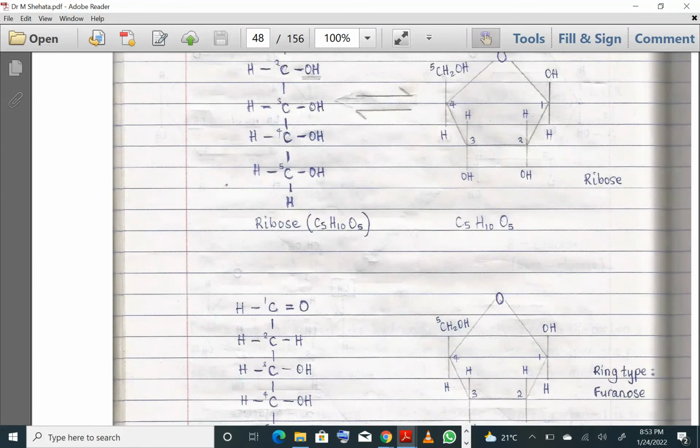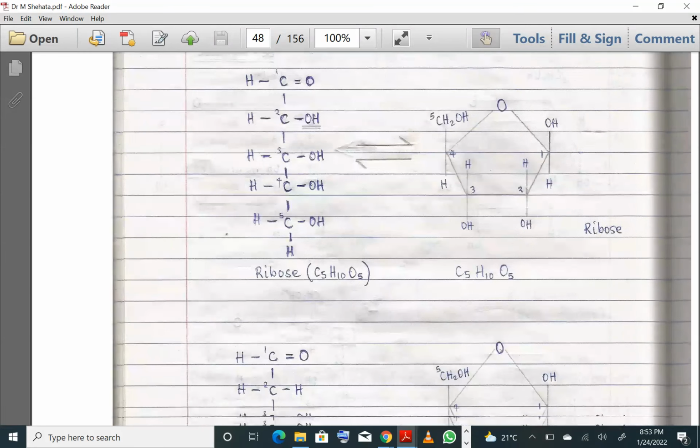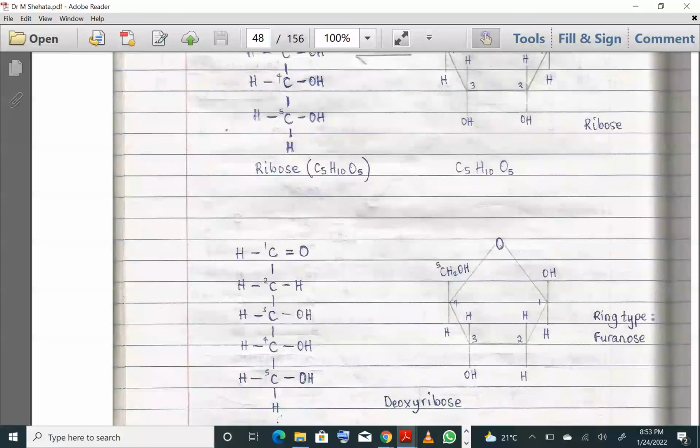So when we say deoxyribose, as you will see, the one there on top is the structure of ribose. Then the structure here is deoxyribose. So deoxy means that an oxygen atom has been lost. So the difference between ribose and deoxyribose is the fact that in the deoxyribose, an oxygen atom has been lost. Makes sense, right? And where is this lost? It's lost at carbon 2.